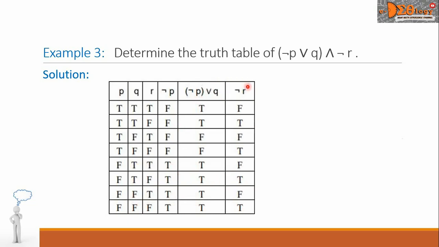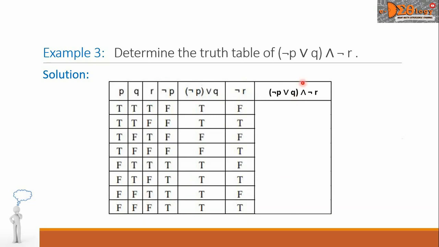Next is the not R. We shall negate the R column. So the T becomes F and the F becomes T and the pattern is followed. And the last column is our not P or Q and then and not R. So this column here and this column we will combine with the AND operation.